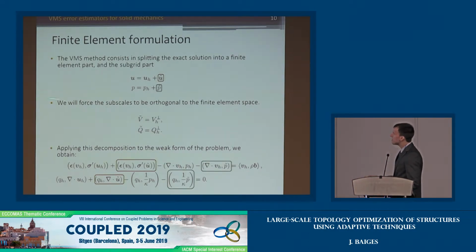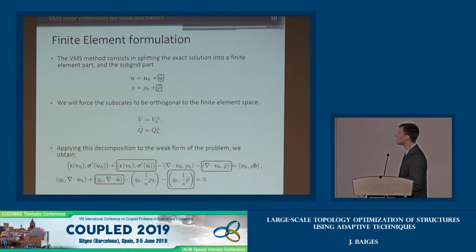The particularity of the variational multiscale method that we are using in our group is that we force that the subscales must belong to a space which is orthogonal to the finite element space. So we force our subscales to live in this space here, which is precisely the orthogonal space to the displacement finite element space and to the pressure finite element space.